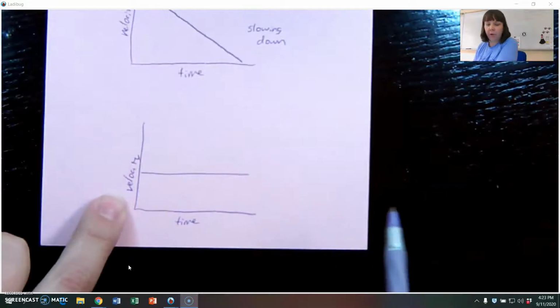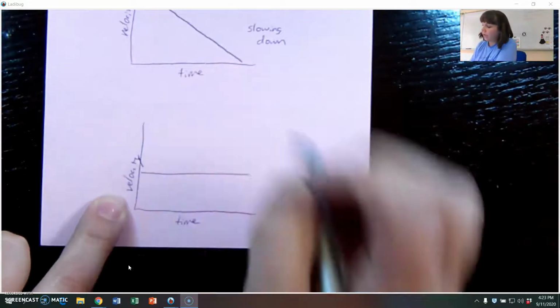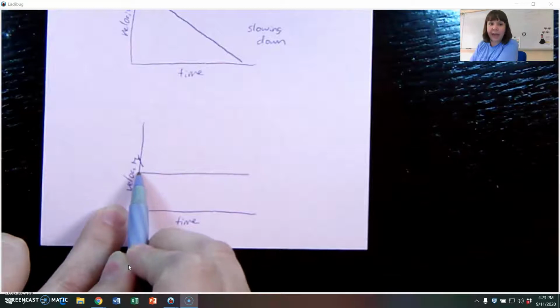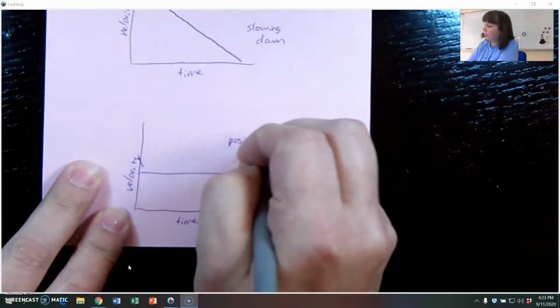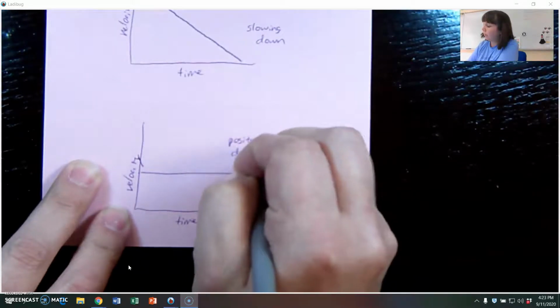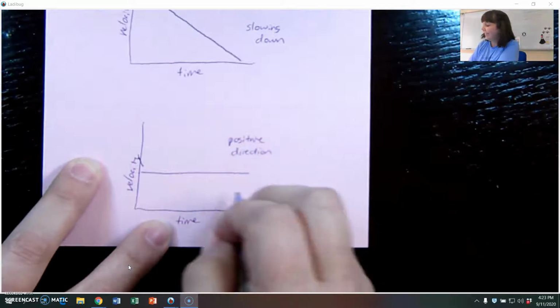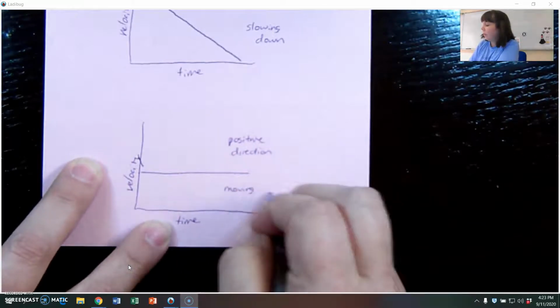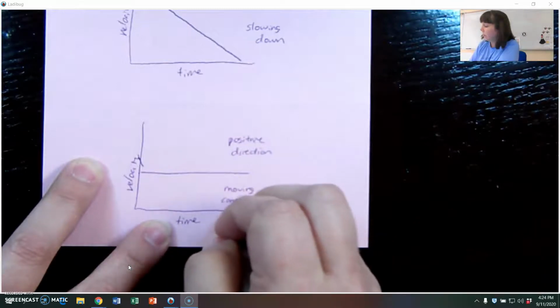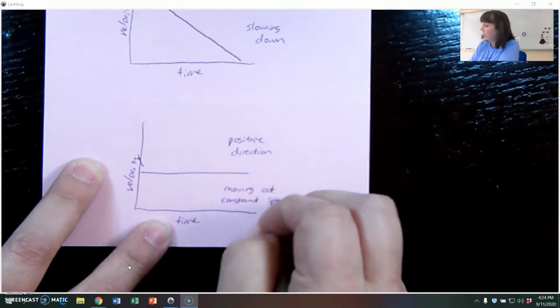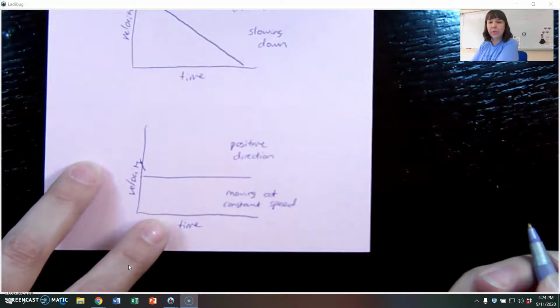On a velocity time graph, though, our horizontal line means that we're constantly moving at this value. So we are moving in a positive direction, but we're moving at a constant speed. Okay, we're not speeding up or slowing down.